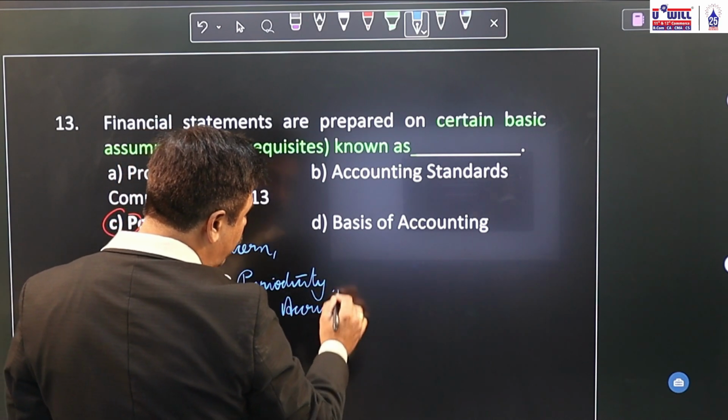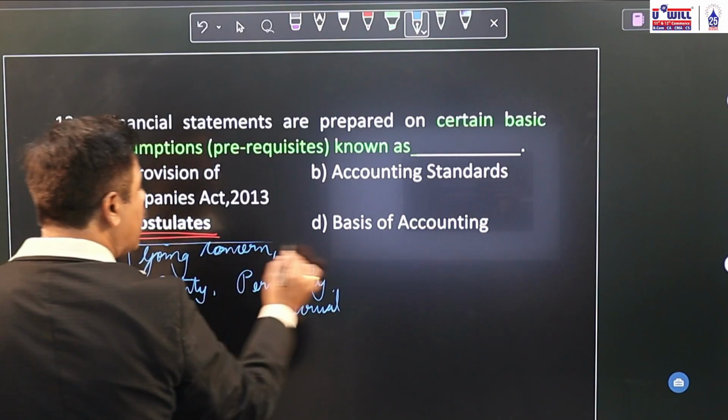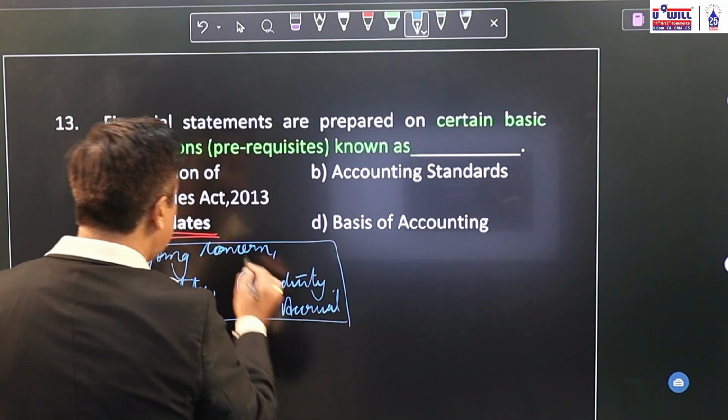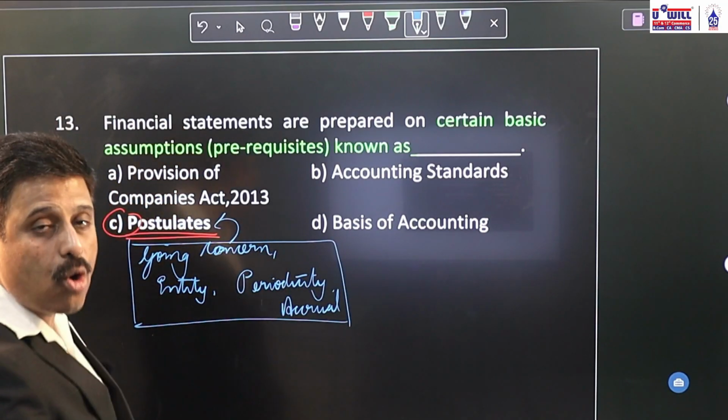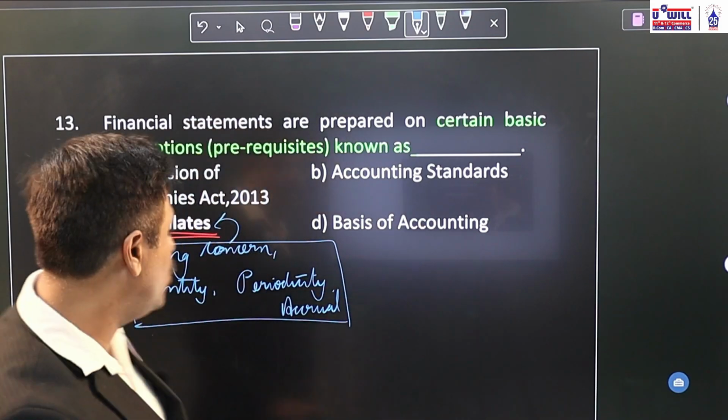Based on these 4 basic assumptions we make financial statements, and these basic assumptions are called postulates.